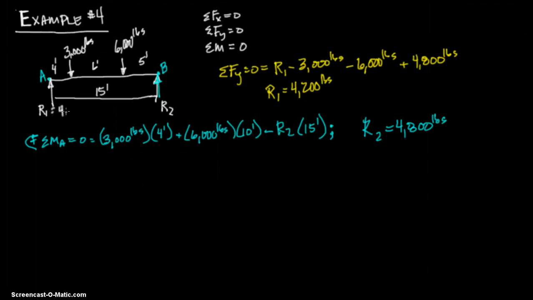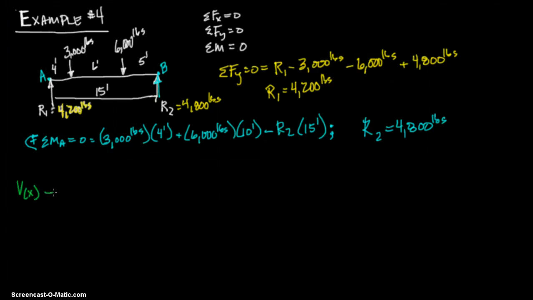R1 equals 4,200 pounds. And R2 equals 4,800 pounds. Alright, now we're ready to do our shear diagram. Let's go ahead and change colors again.